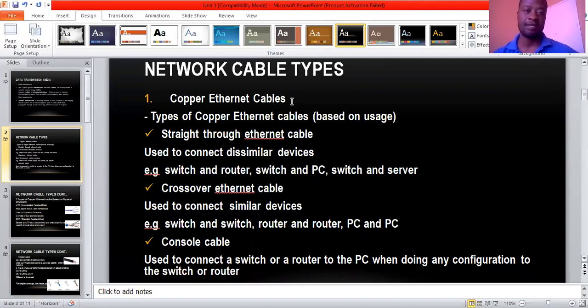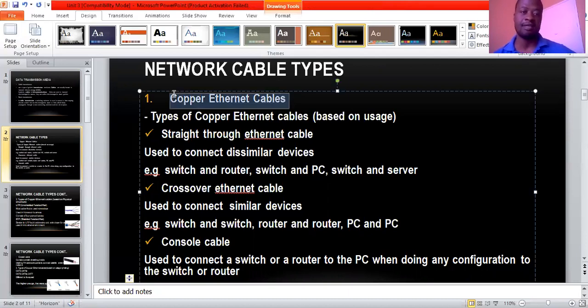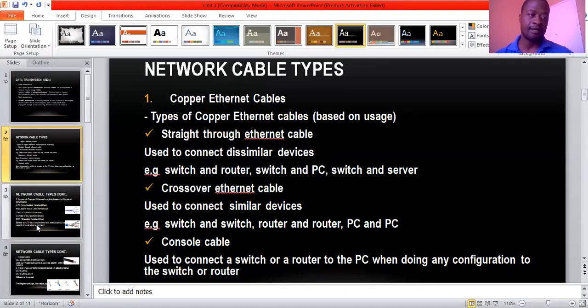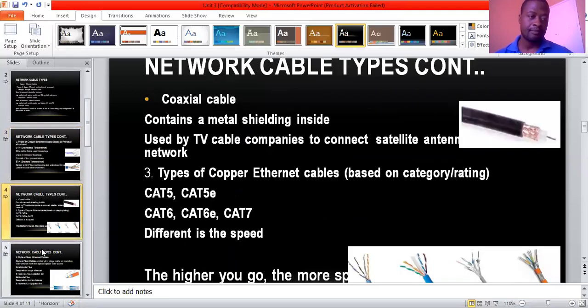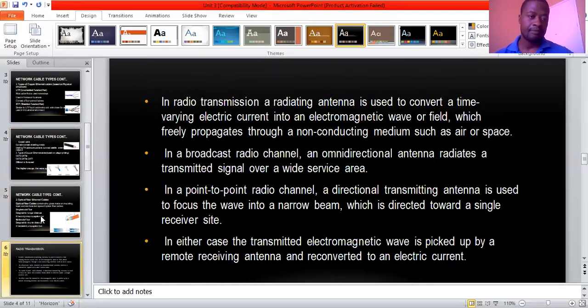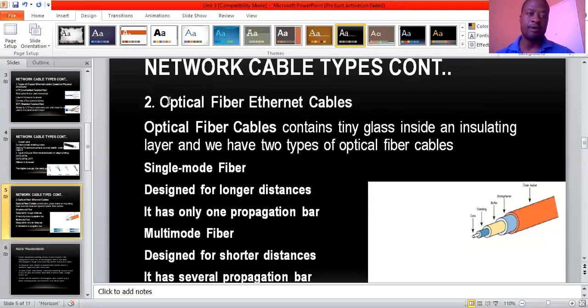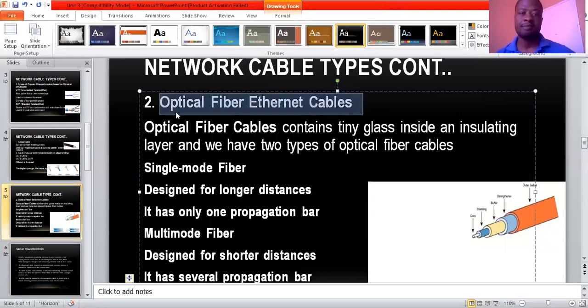Okay, the first one is copper Ethernet cables, and we have got optic fiber Ethernet cable. So these are the different types of cables that we'll be discussing in today's lesson.